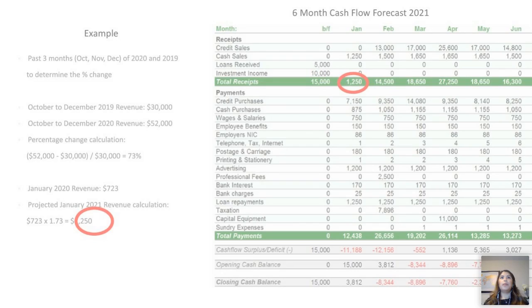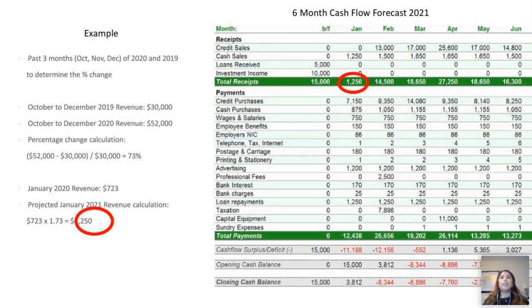So that's this number. And so for cash in items, of course you have your sales, and I just described how you can forecast your sales, and you can use that for every month. I know I just went over January, but this can be done for February, March, April, and so on.